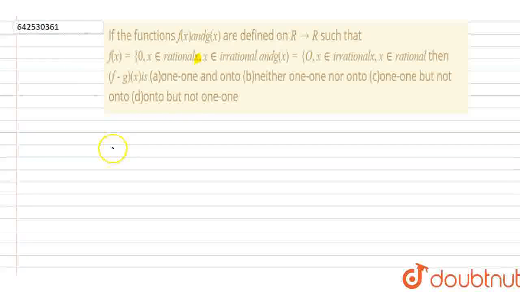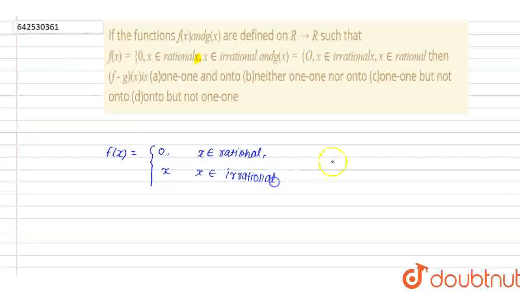Here it is given that f of x is 0 when x belongs to the rationals, and f of x is equal to x when x belongs to the irrationals. Similarly, g of x is 0 when x belongs to the irrationals, and g of x is equal to x when x belongs to the rationals.